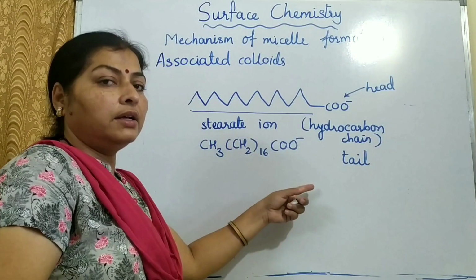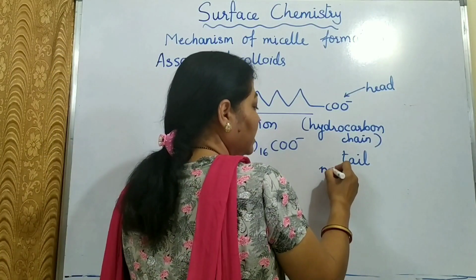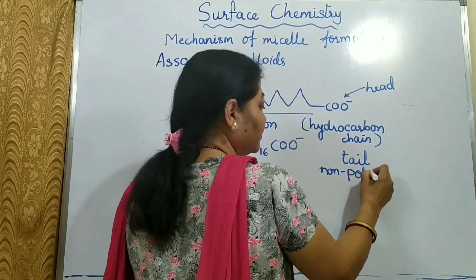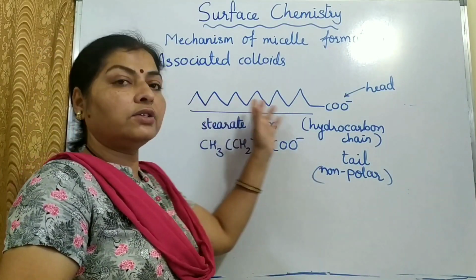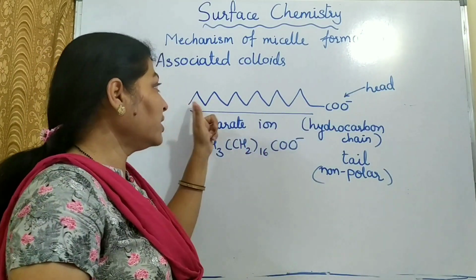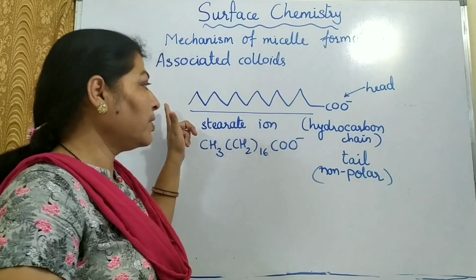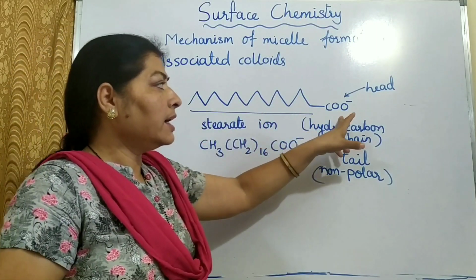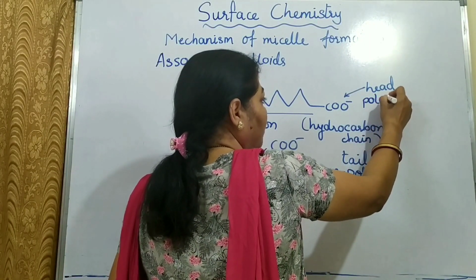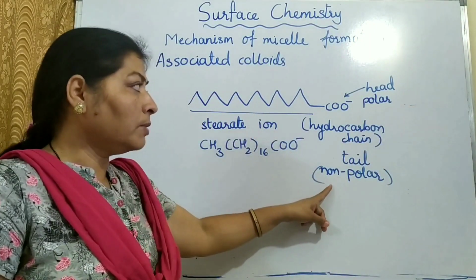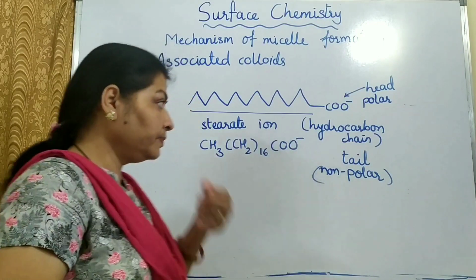The tail part is non-polar in nature, or we can also call it non-ionic. It does not contain any ions. It is just made up of carbon and hydrogen. And the head part is polar in nature. So there are two opposite ends of a soap molecule, the non-polar part and the polar part.